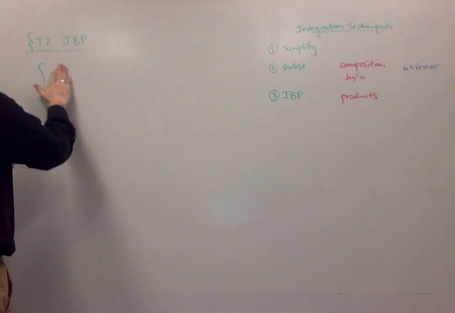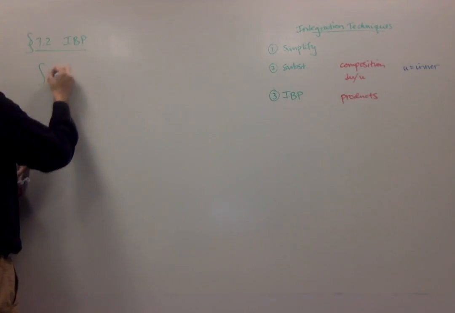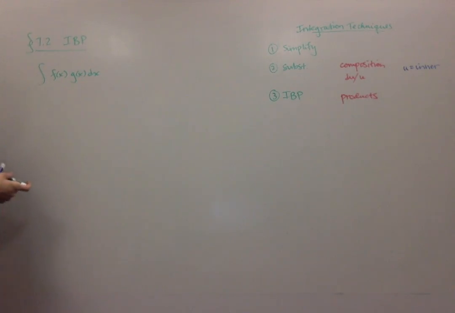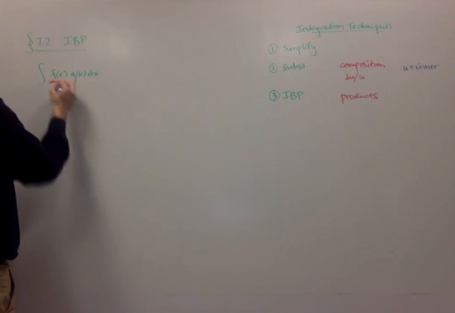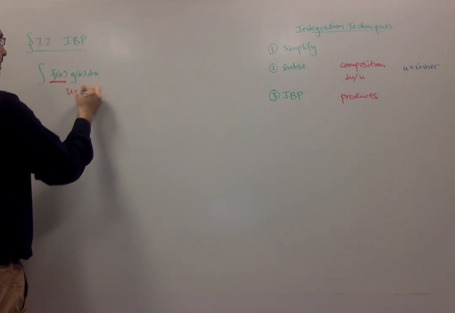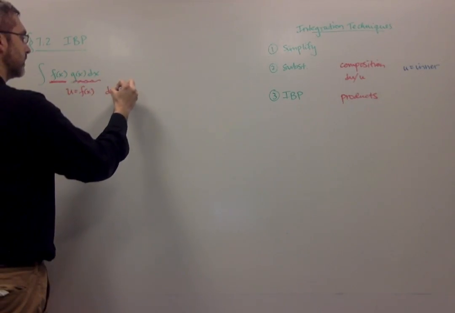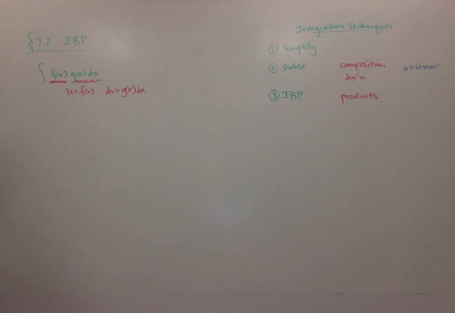We might have the product of two functions, and what we do is we let one of them be u, and then the rest of this be dv. This was motivated by reversing the product rule. So integration by parts is a reversal of the product rule.